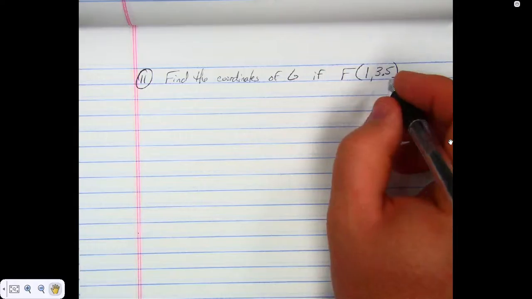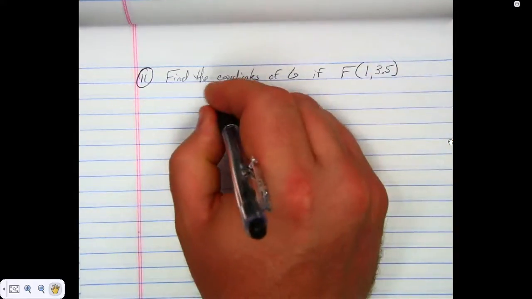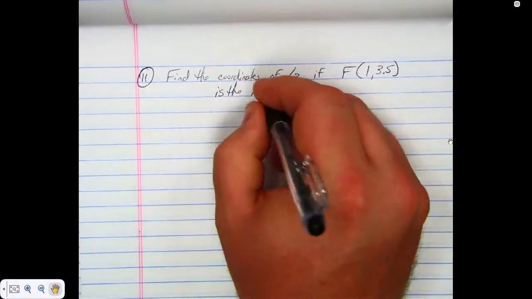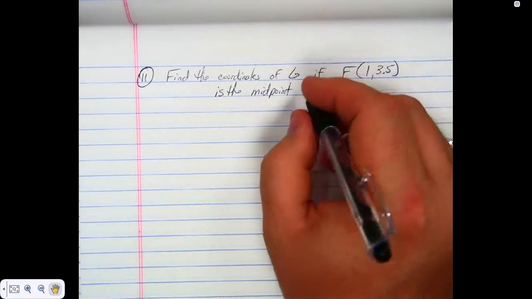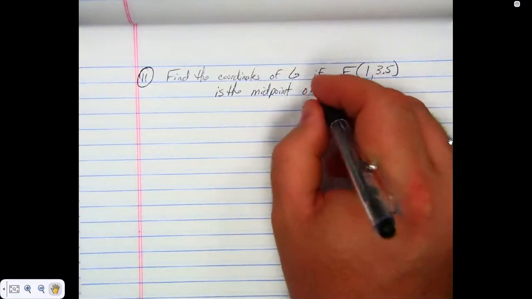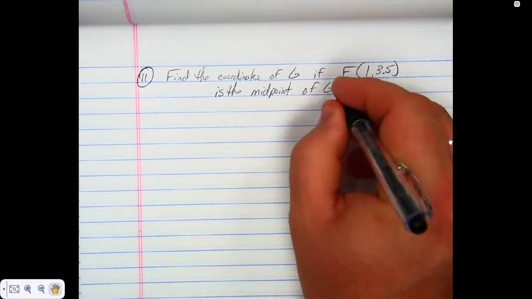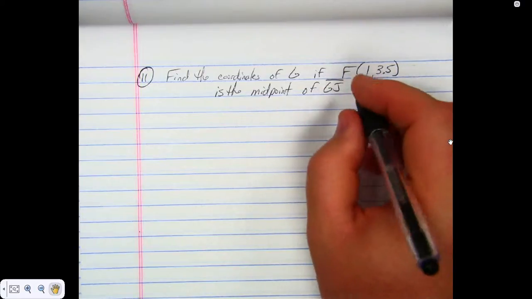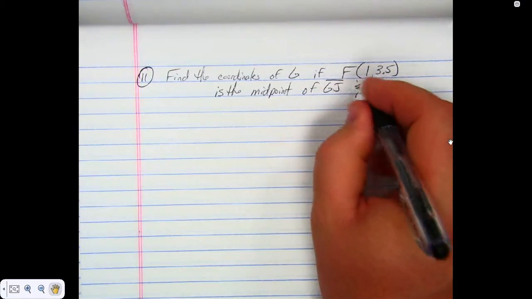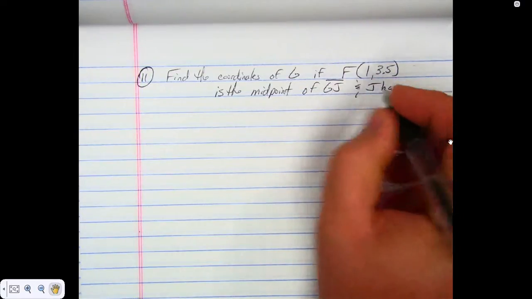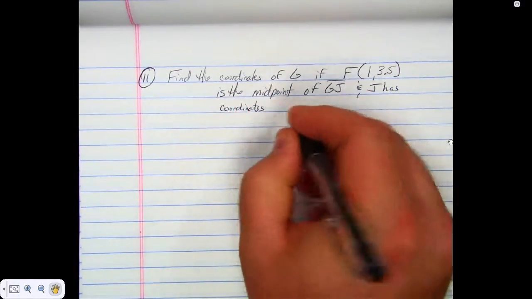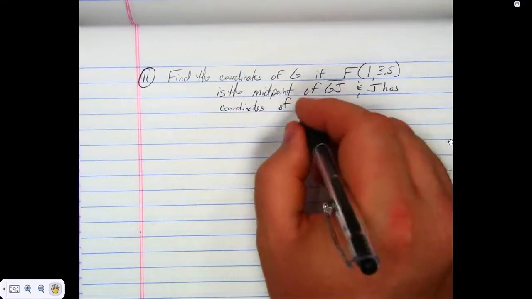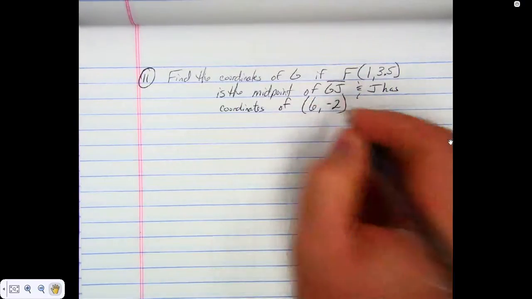F (1, 3.5) is the midpoint of GJ, that's segment GJ, and J has coordinates of (6, -2).